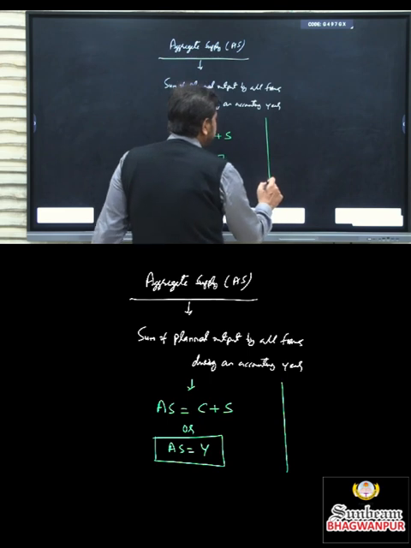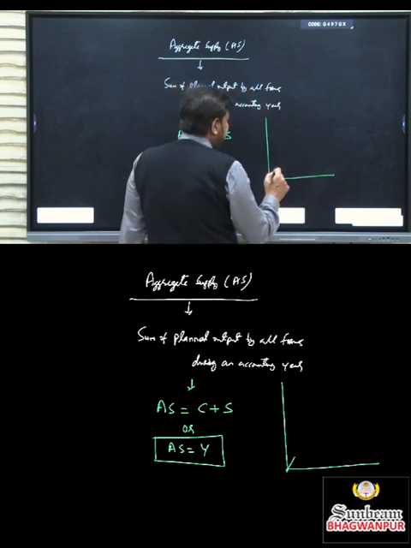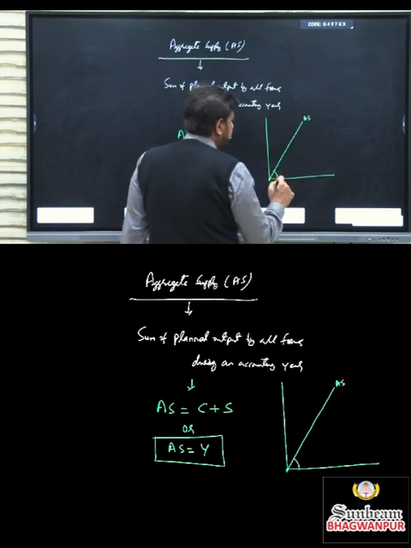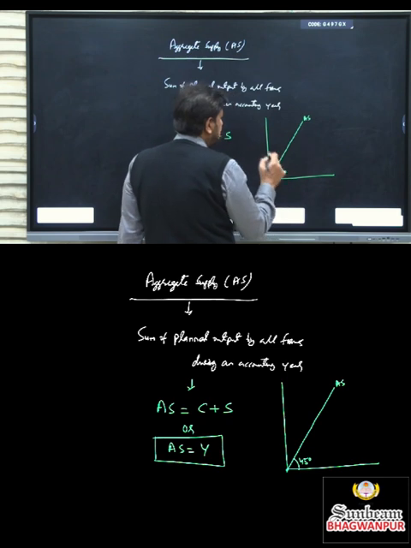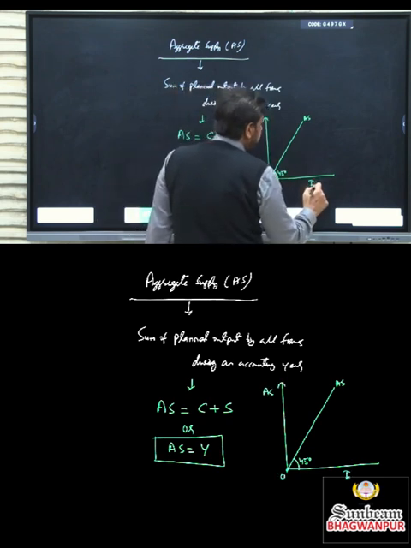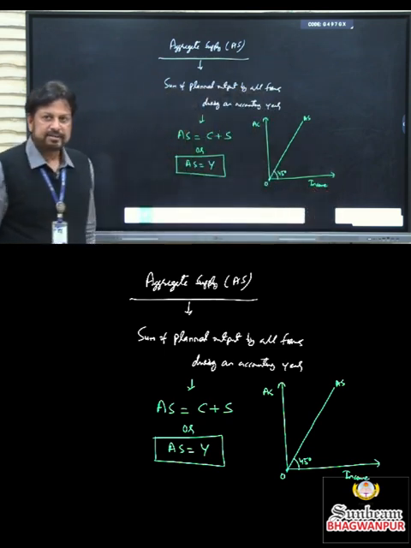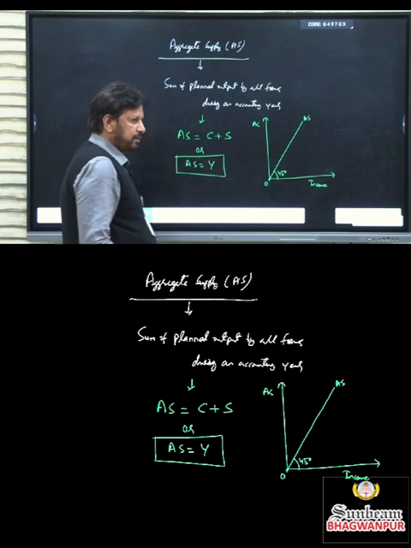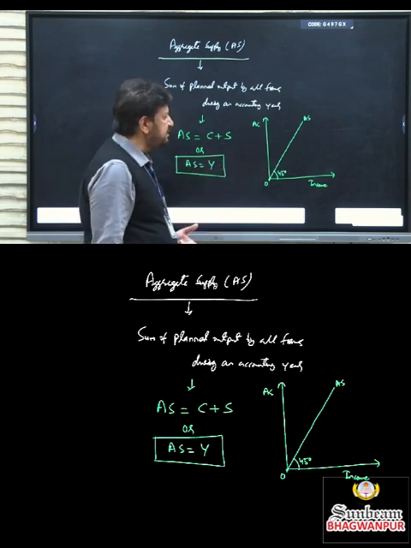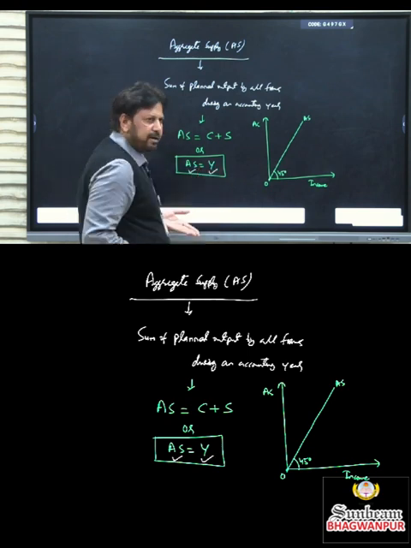The aggregate supply curve, AS curve, is a 45-degree positively sloped curve. Now, why is it a positively sloped curve? The reason is that we know that aggregate supply is equal to income.